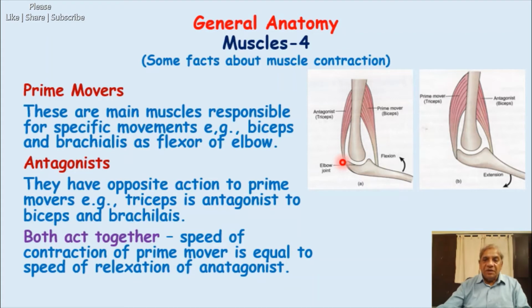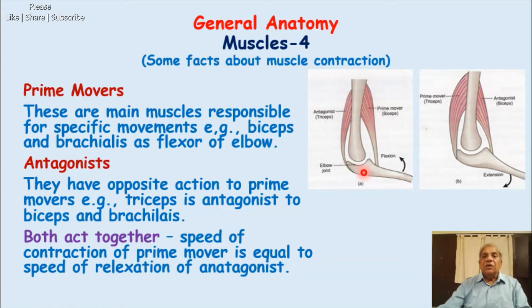Since we have learned the terms of movement in pairs: flexion, extension, abduction, adduction, medial rotation, lateral rotation. So they were in pairs. While this flexor muscle is contracting to produce flexion, at the very same time the other muscle, which has the opposite action, that is the action of extension, is not contracting but relaxing. And you should also note that the speed of contraction is equal to the speed of relaxation.